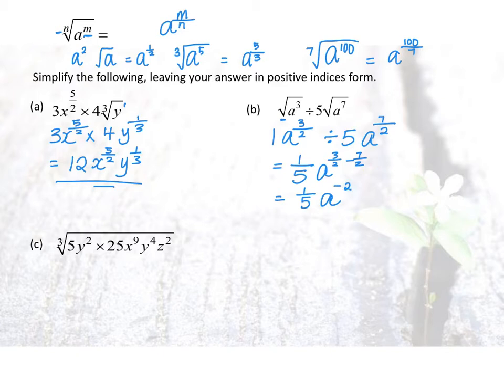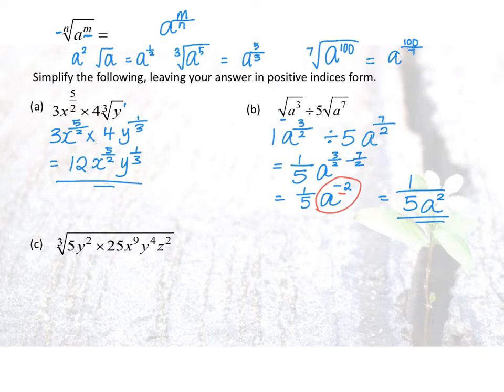They want the answer in positive index form. Now this power negative 2 is for which term? It's for a only. It doesn't involve 1 over 5. So 1 over 5 stays where it is, and a to the power of negative 2 will need to move. It will now go to the denominator, so it will be a, but now the power will change to a to the power of positive 2.